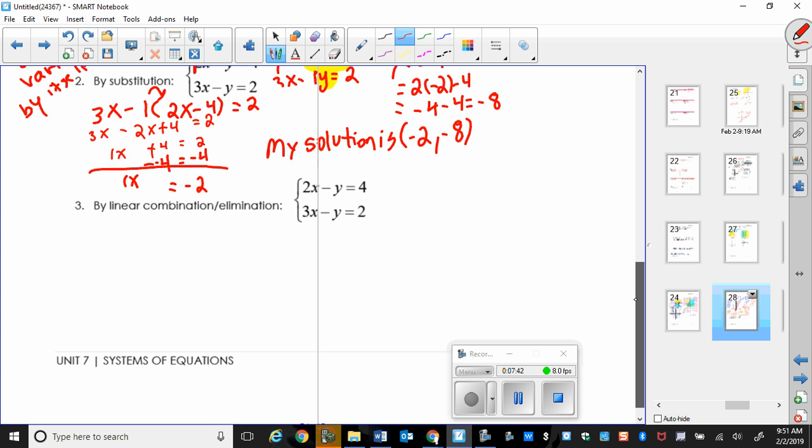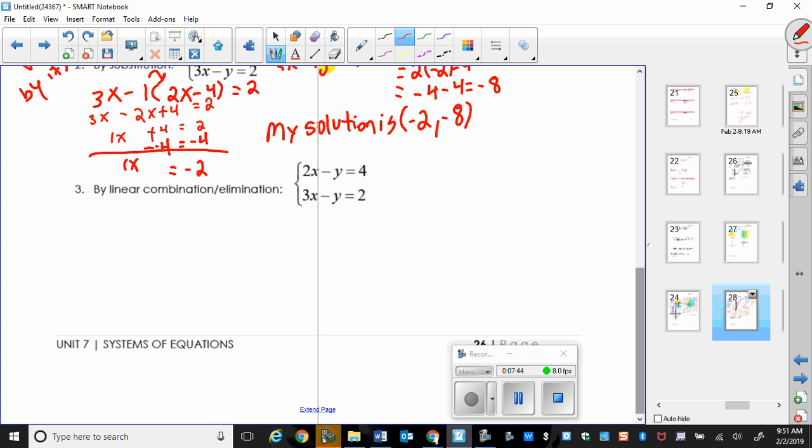But let's check by elimination. Let's check the same thing by elimination. So how do we use elimination? What do we need for elimination? We need standard form, so x and y on the same side. We need coefficients to be opposite.